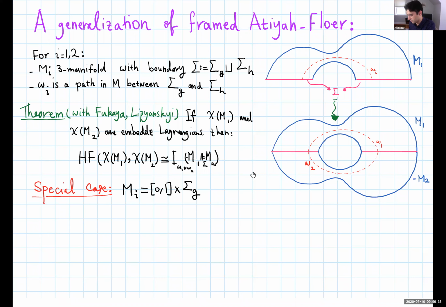As a special case of this, you can take your three manifolds to be just a product of some interval times sigma g.